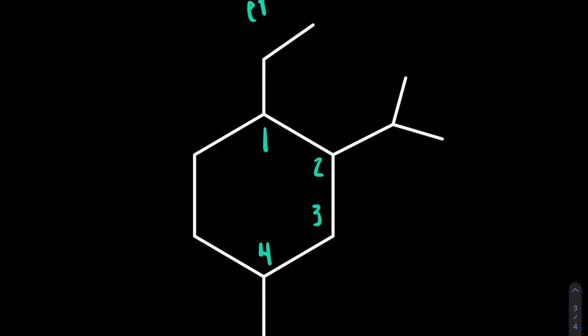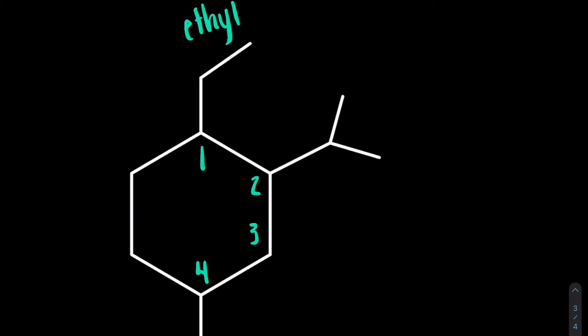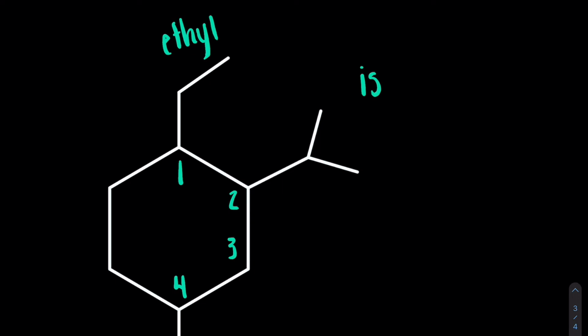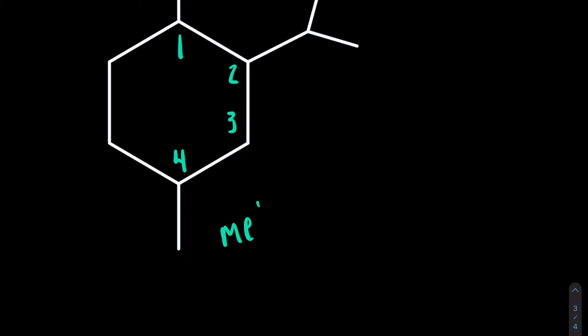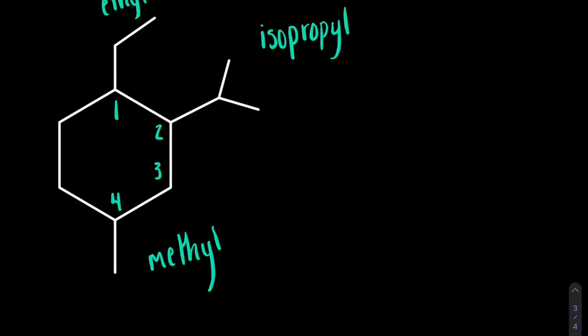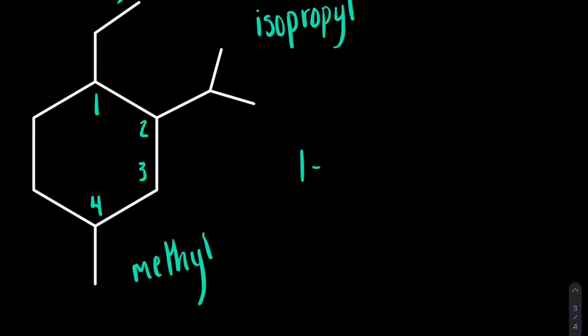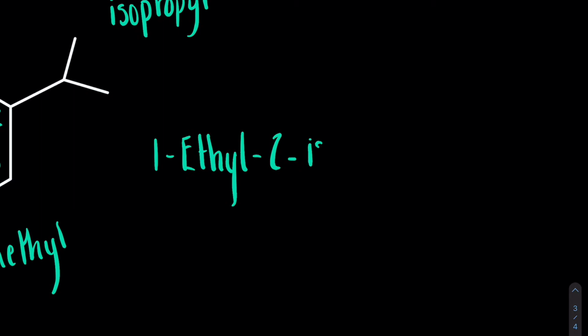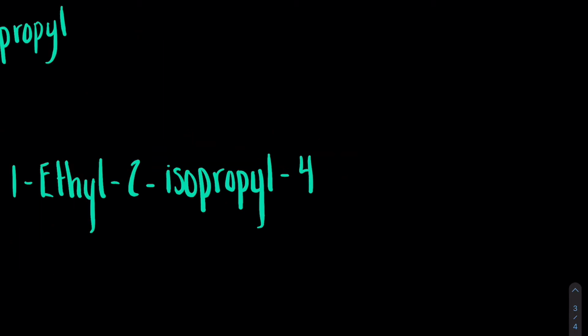This is an ethyl group. Here we have an isopropyl group. And then we have the methyl group as well. So the name of this compound would be, remembering the alphabetical rules, 1-ethyl, 2-isopropyl, 4-methylcyclohexane.